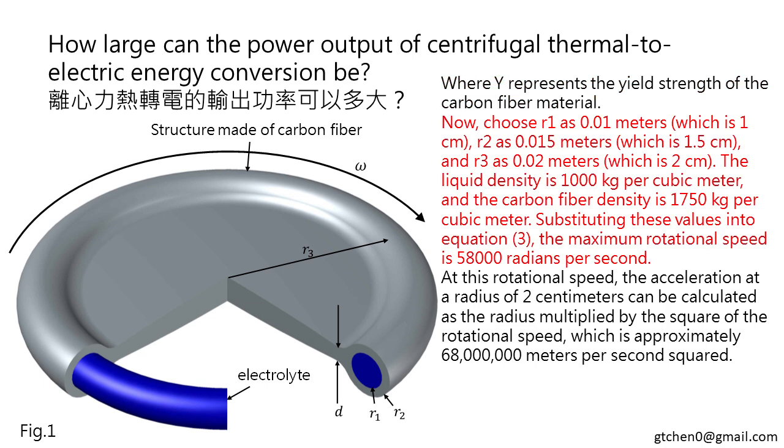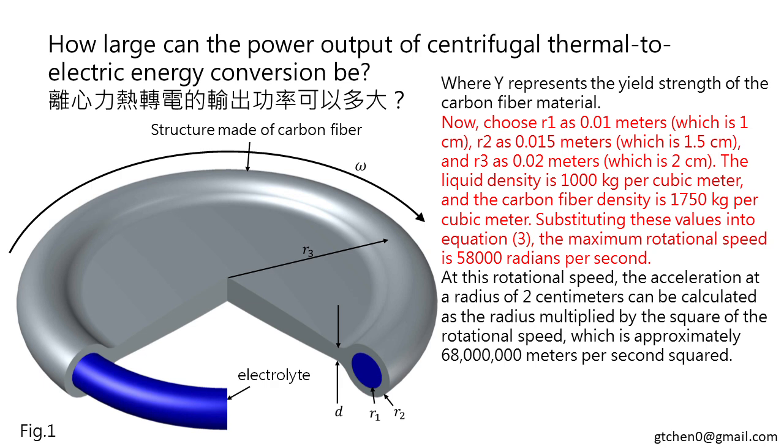Now choose r1 as 0.01 meters, which is 1 centimeter, r2 as 0.015 meters, which is 1.5 centimeters, and r3 is 0.02 meters, which is 2 centimeters. The liquid density is 1,000 kilograms per cubic meter, and the carbon fiber density is 1,750 kilograms per cubic meter.